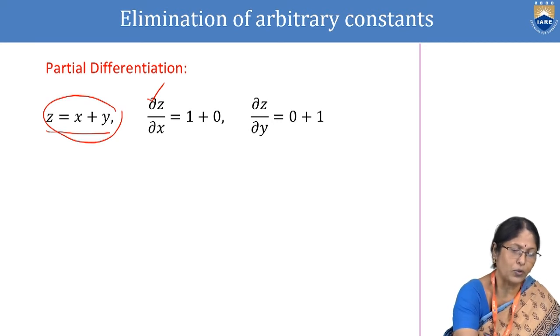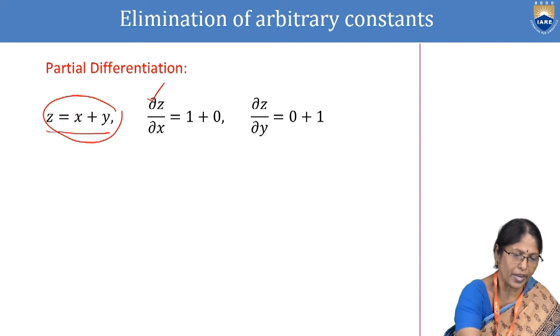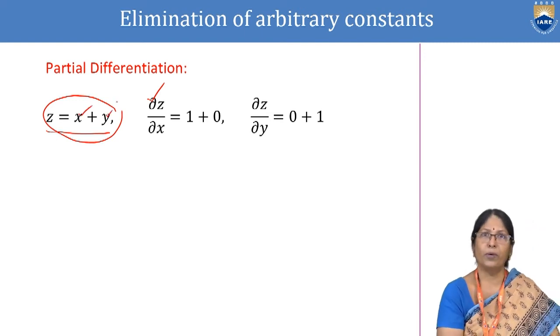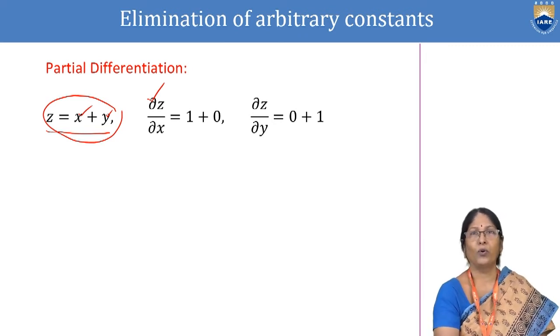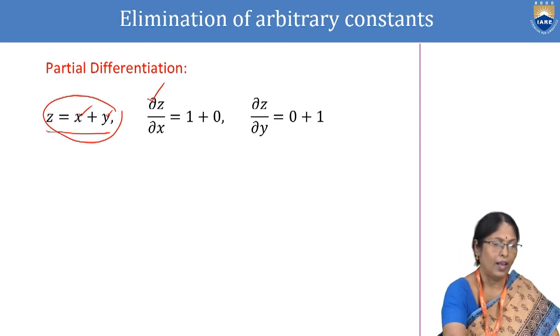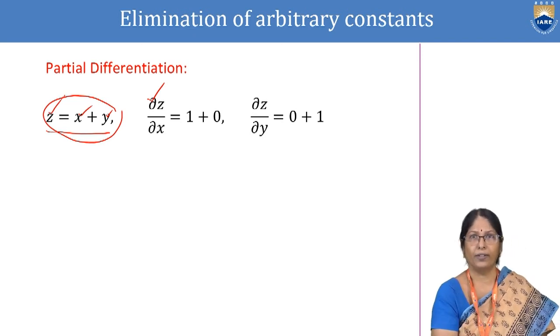Here x and y are two variables, and they are independent variables. That is the main thing we have to note down. x and y are playing the role of independent variables, and z is playing the role of the dependent variable.